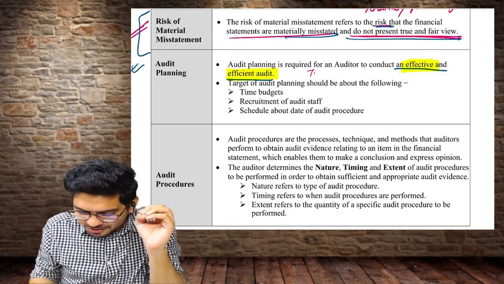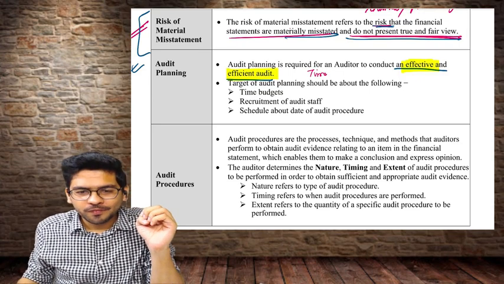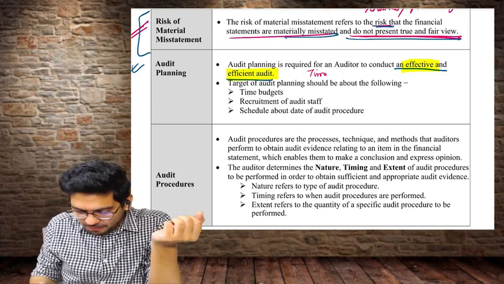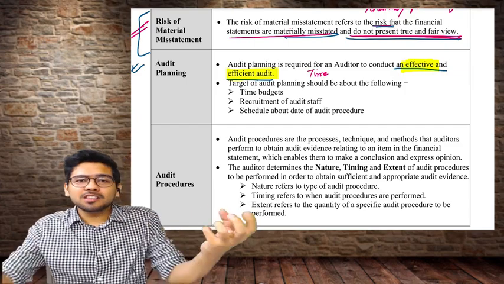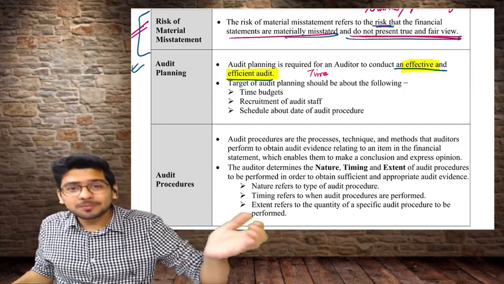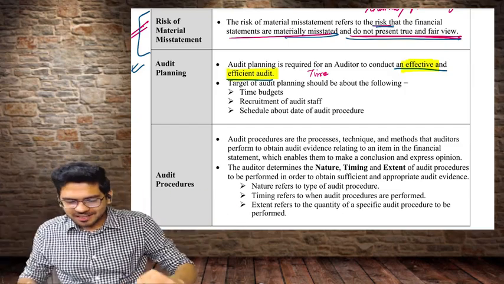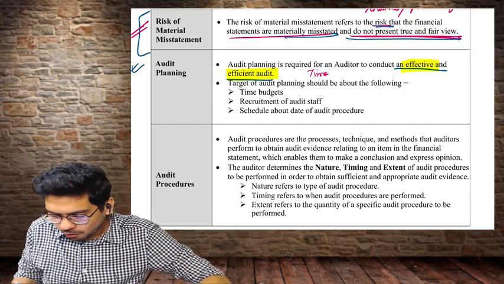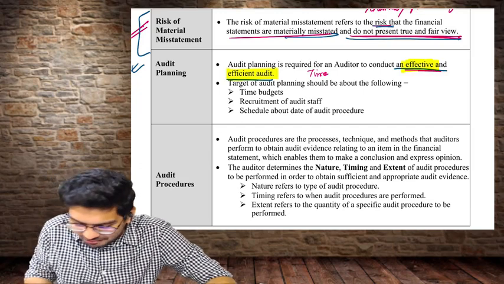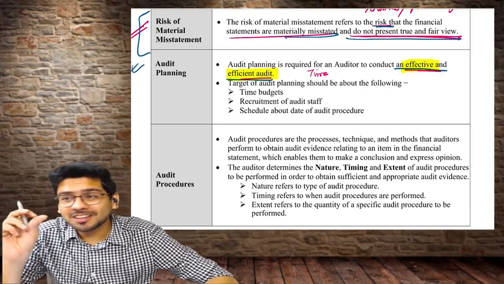The most crucial resource is time. And obviously I will be having some articles in my office. The staff, I pay them salary and also I need to use them optimally. So please understand the scenario. Audit planning is required for an auditor to conduct an effective and efficient audit. First understand the word efficient.